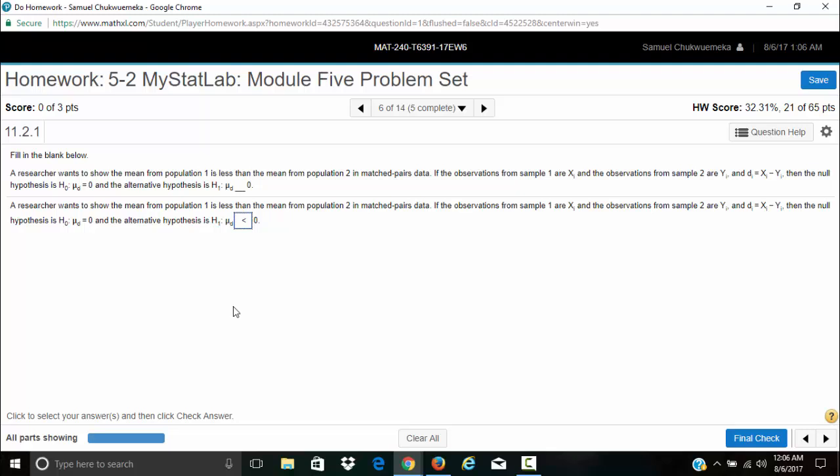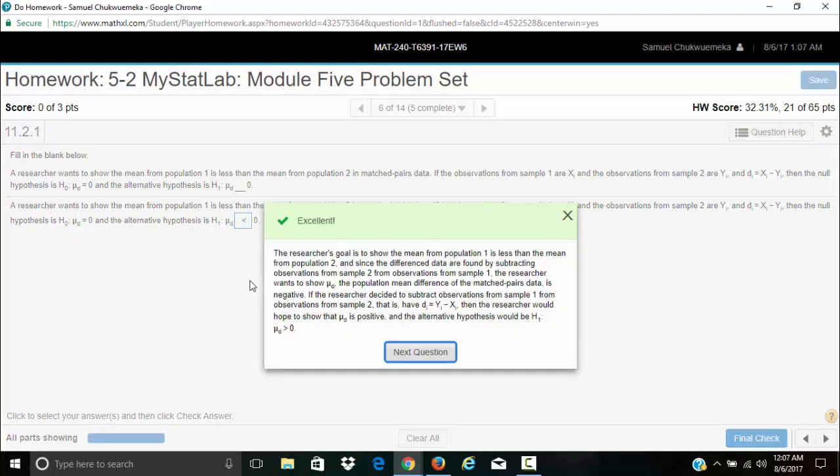If you want the 0 on the right-hand side, if mu 1 is less than mu 2, that means mu 1 minus mu 2 is less than 0. That's the mean of the difference is less than 0. That's what it means.